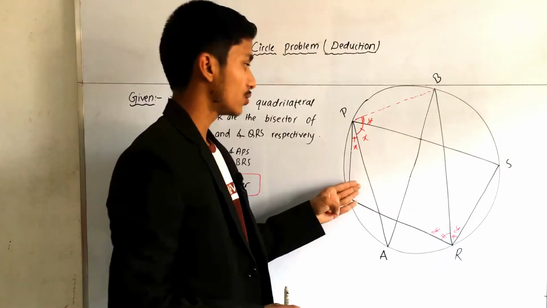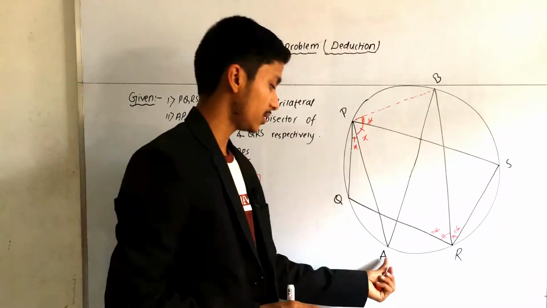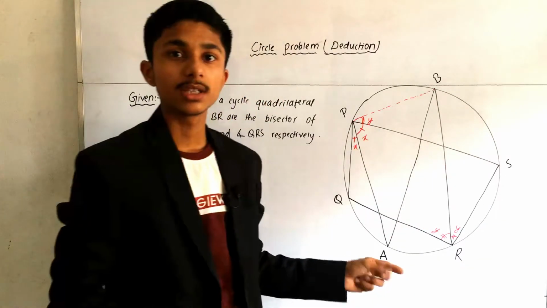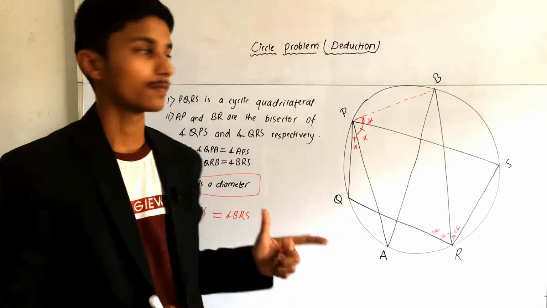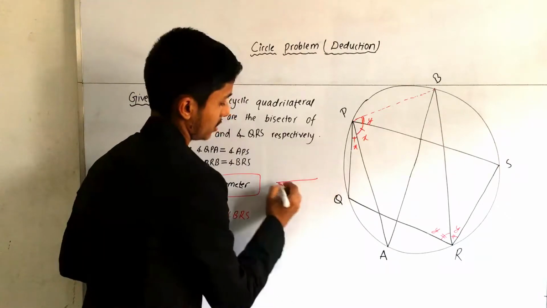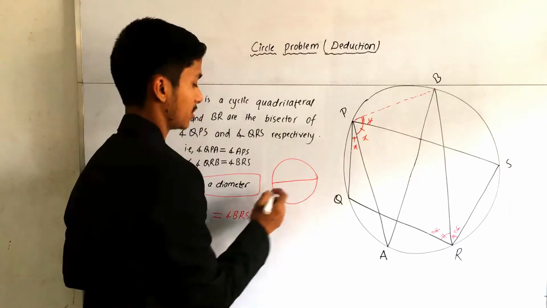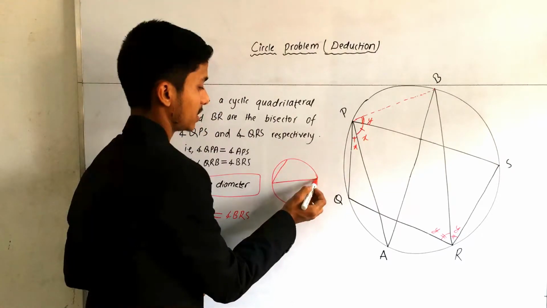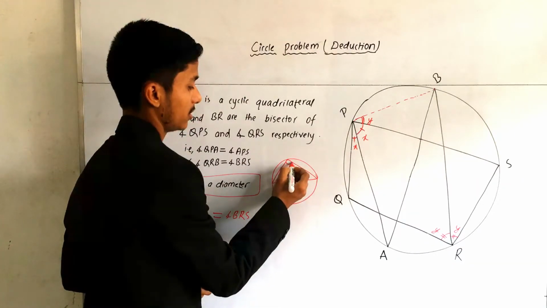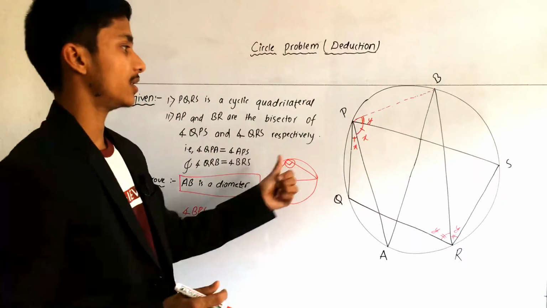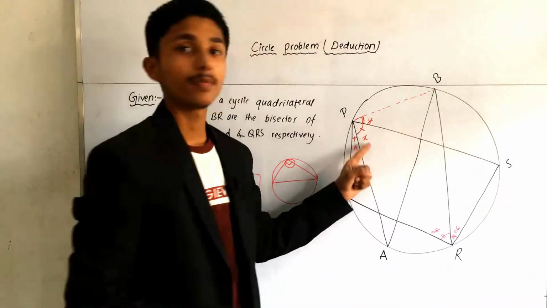Now we have to show x plus y is equal to 90 degrees, and then it will be a diameter, because the angle in a semicircle is 90 degrees. Suppose this is a circle and this line is a diameter, then the angle formed in a semicircle will be 90 degrees. Here angle APB is that angle.